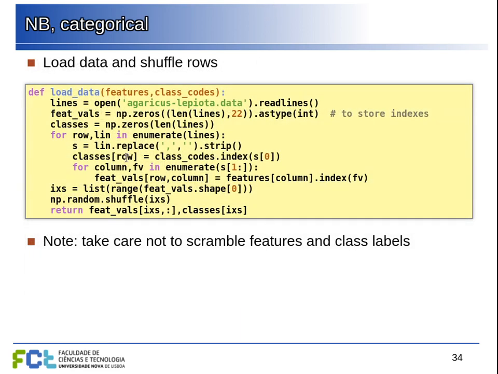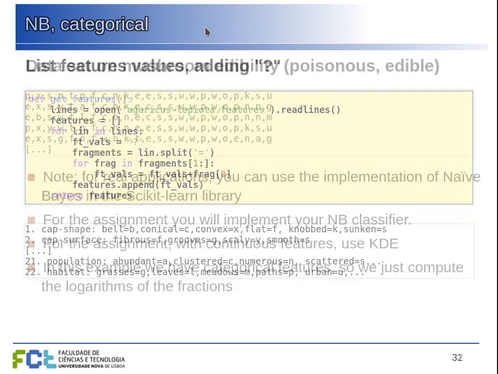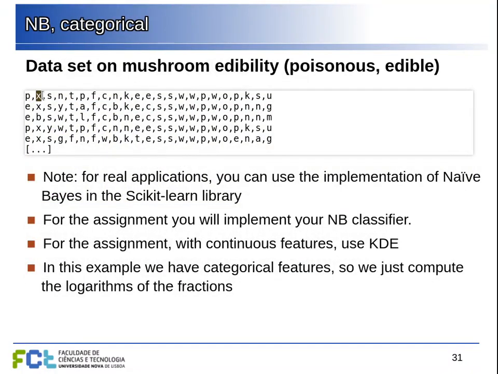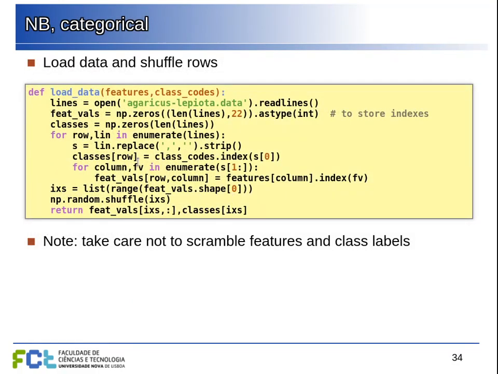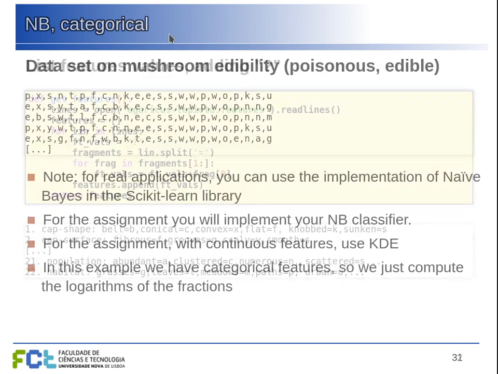But this is basically parsing everything, computing the index on each of the strings of the codes that we find here, so that we have numbers for all the different features, and then we gather that in two tables, one which has the features and the other which has the classes. So basically we're going to separate this part here.